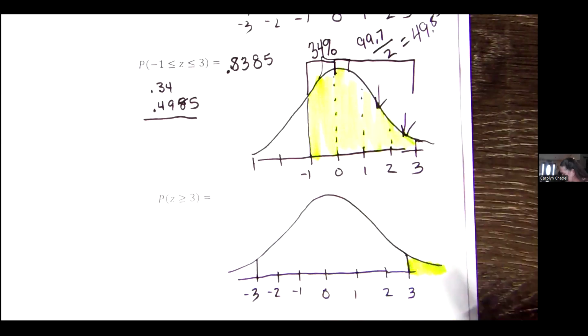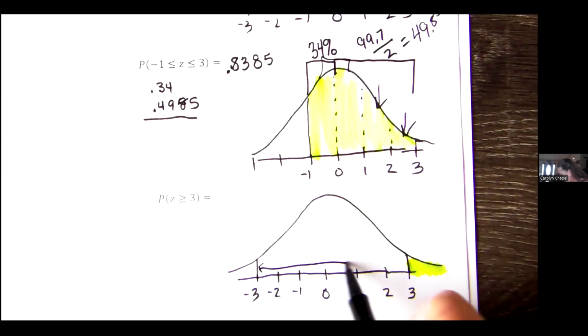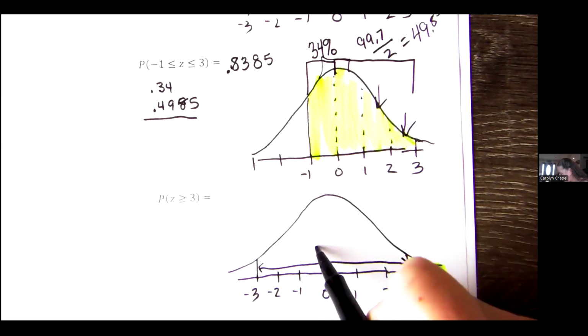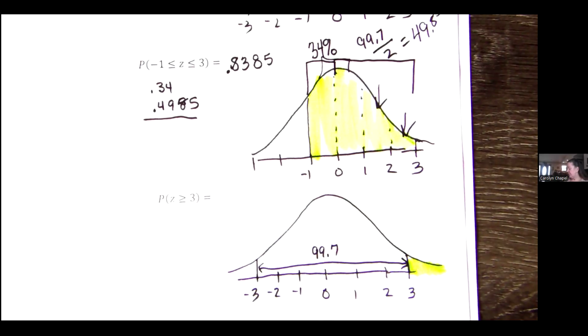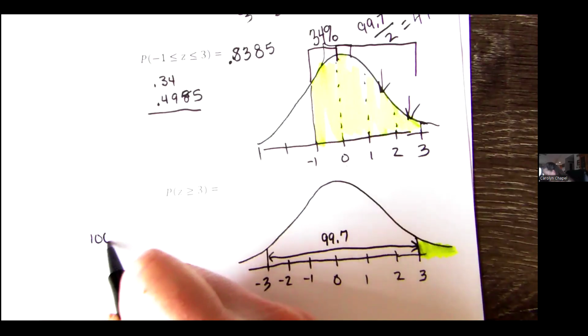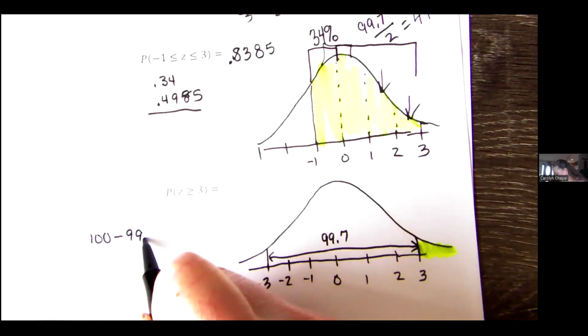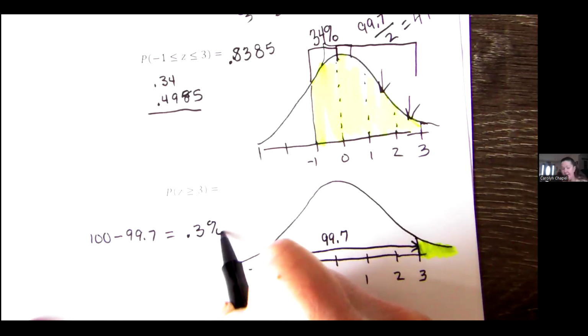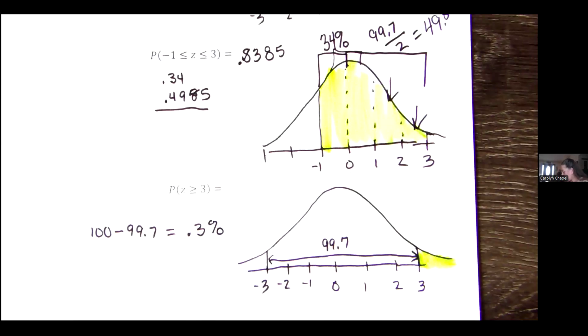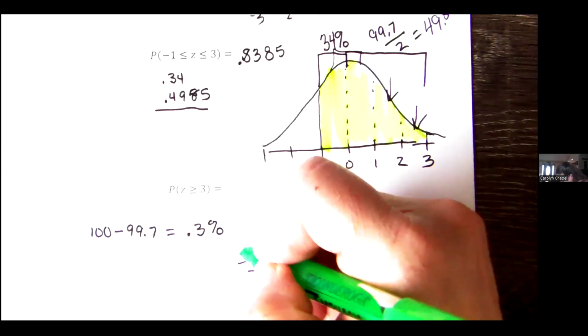Remembering from -3 to 3, according to the empirical rule, we get roughly 99.7% of our data. So that means the rest of our data is outside that region. Now, also thinking everything is 100%. So if I took 100 minus the 99.7, that's going to give me 0.3% in both of these tails.